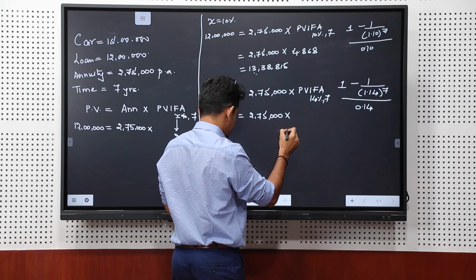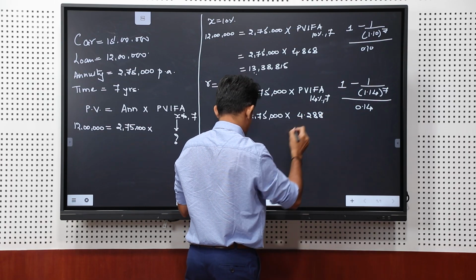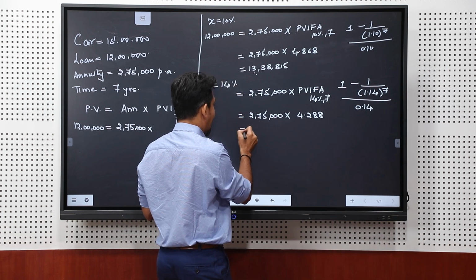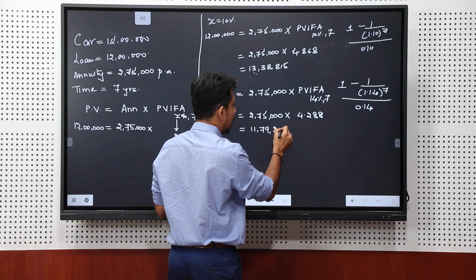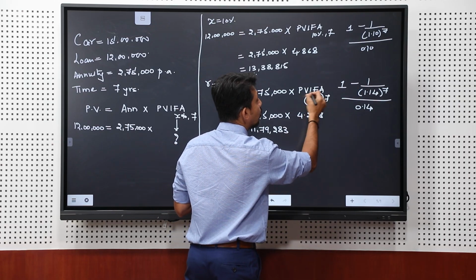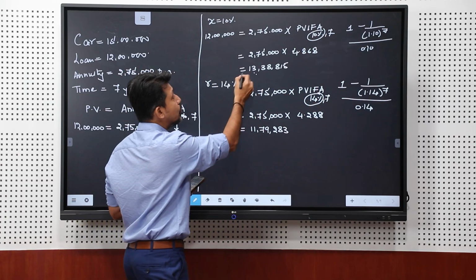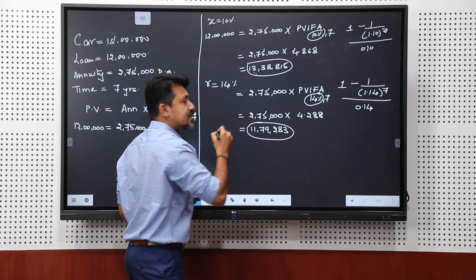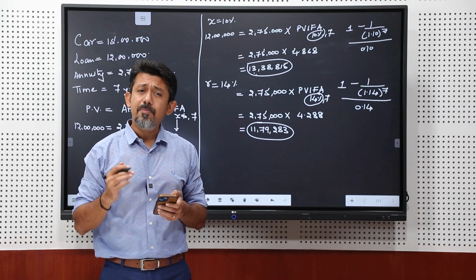So 2,75,000 into 4.288 gives you 11,79,283. So when your rate of interest goes up to 14 from 10, your present value falls from 13 lakhs to 11,79,000. So there is an inverse relationship between rate of interest and present values.